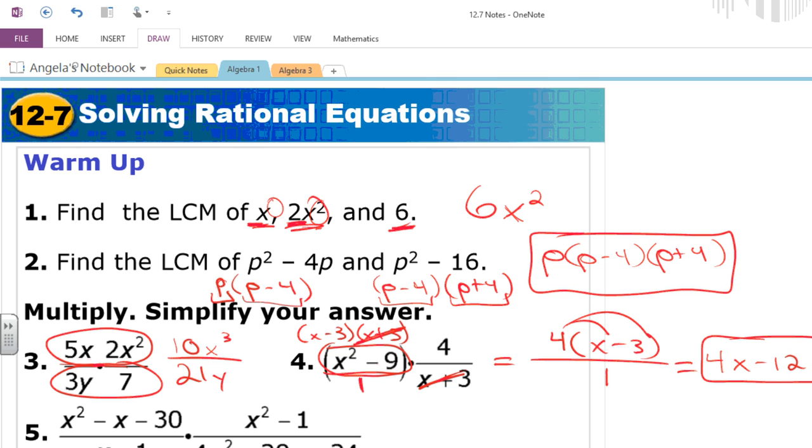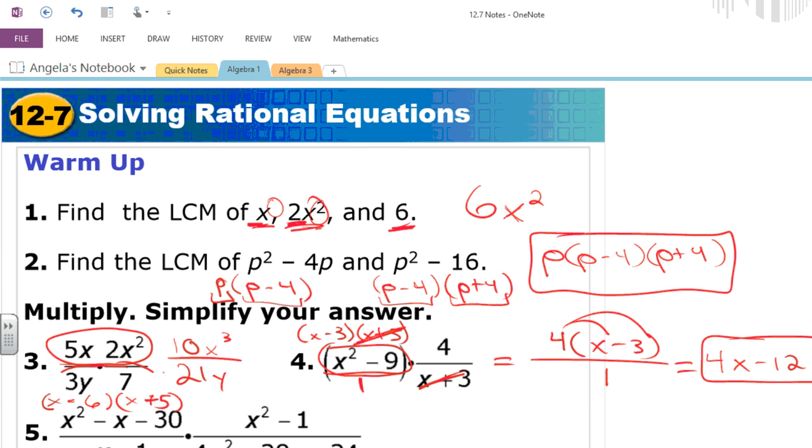All right, on this next one, kind of the same thing. I'm going to erase this so I can write above this one. I'm going to factor first before I try to multiply. So this is a trinomial on top, the x squared minus x minus 30, that I can factor as x minus 6 and x plus 5.